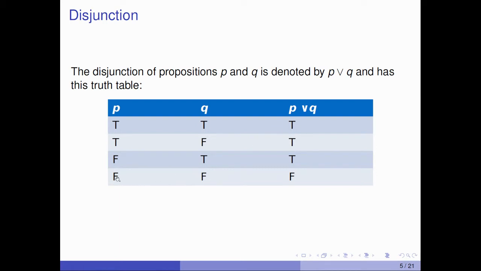That is why in the last row, you may observe false and false: you don't have a true proposition here, so the disjunction is false. Even if you extend this to five propositions combined with the connective or, for example, four of them are false and one is true, the disjunction of these five would be true.